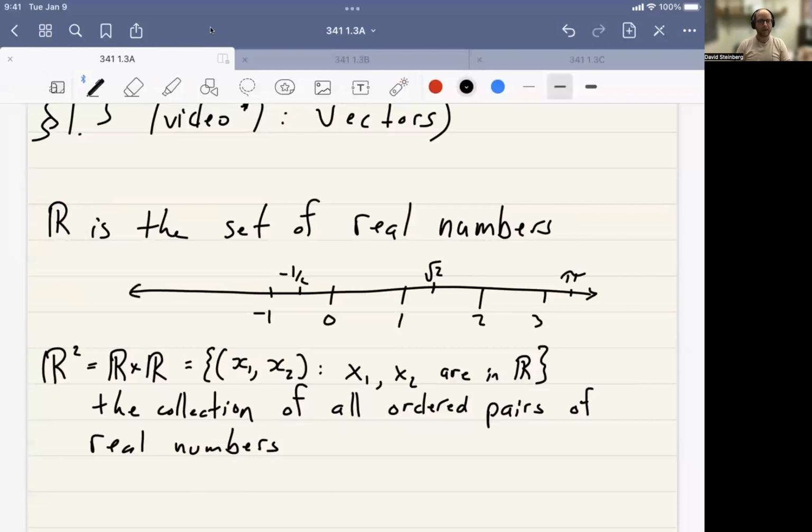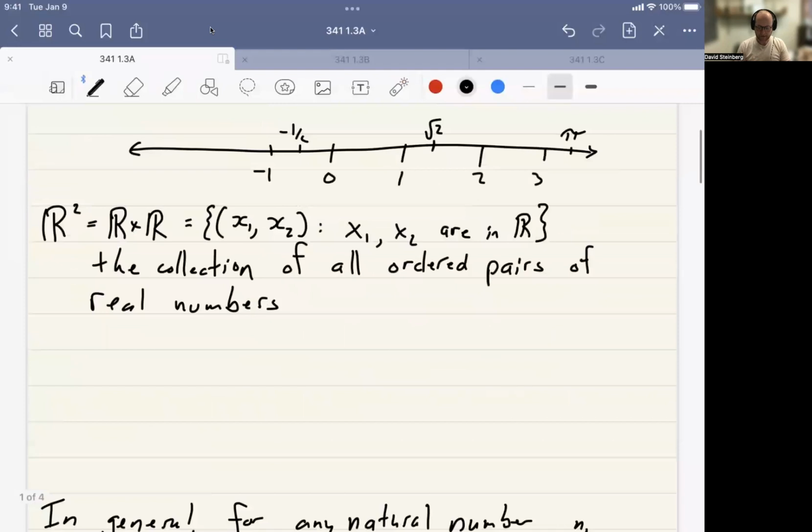R squared here is pairs. It's the set of all things that look like a real number, comma, a real number. So it's really the collection of all ordered pairs of real numbers. And you've seen this a million times, I'm sure, in calculus class. This is represented by a plane.